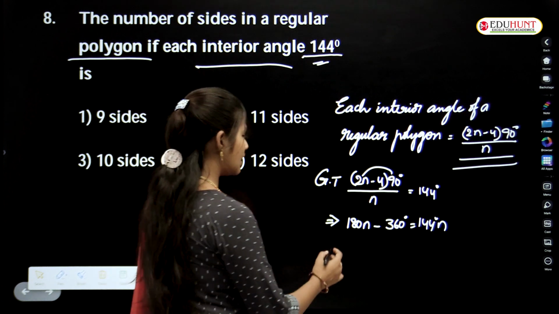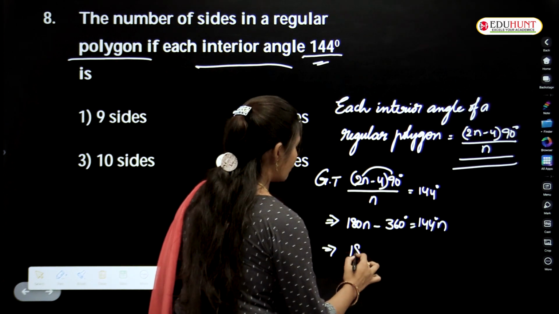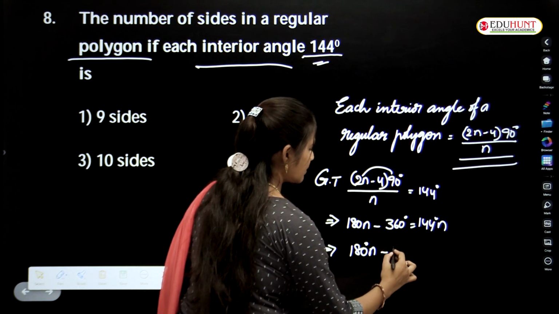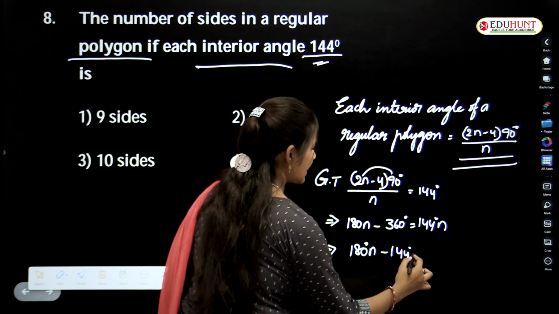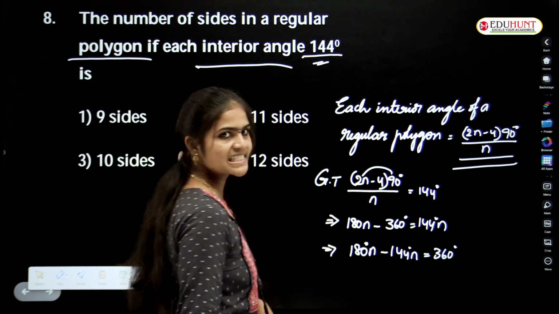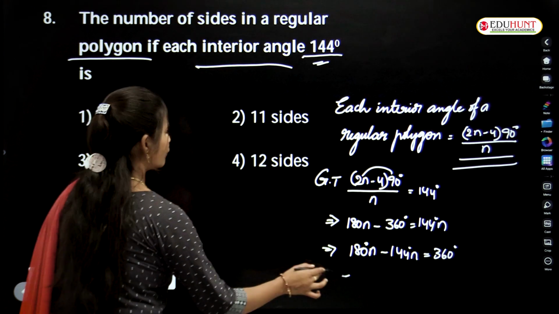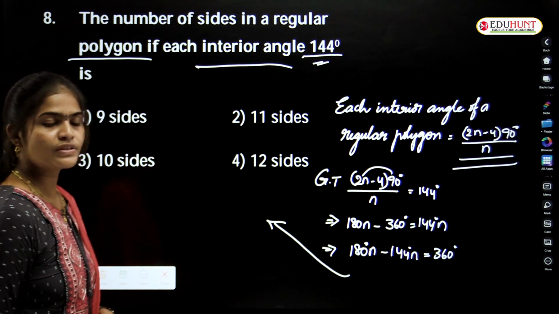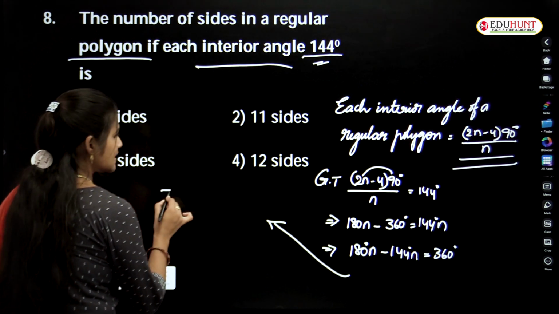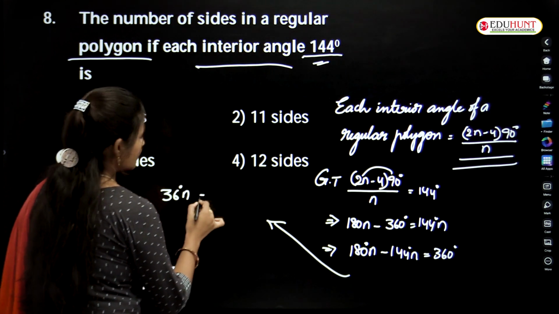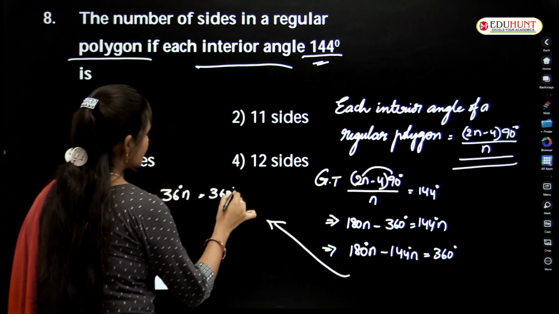Now 180n minus 144n, and which is equal to minus 360 becomes plus 360. So from this one 180 minus 144, which is equal to 36n, and which is equal to 360 degrees.